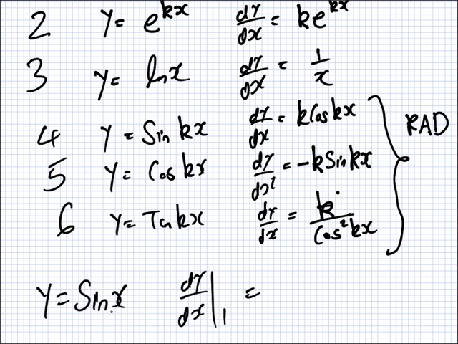Well, the k is 1 here. So what's the derivative of sine x? Cos x. But in this case, I tell you to make x 1. Remember this symbol? So this is cos 1. But you must use radians.